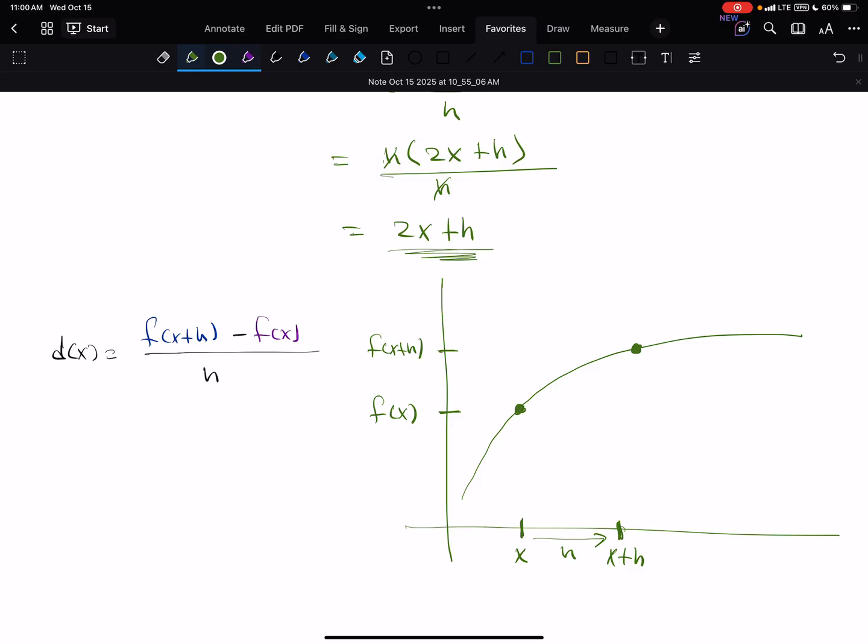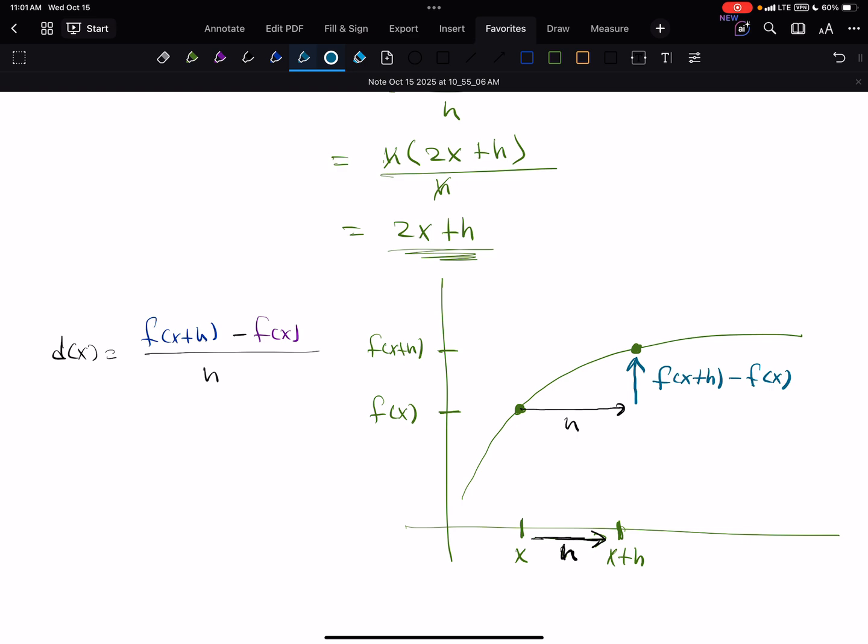And so literally, my h is that horizontal distance between the two points. And so my h is that distance. And then this distance between the two y values is f of x plus h minus f of x.